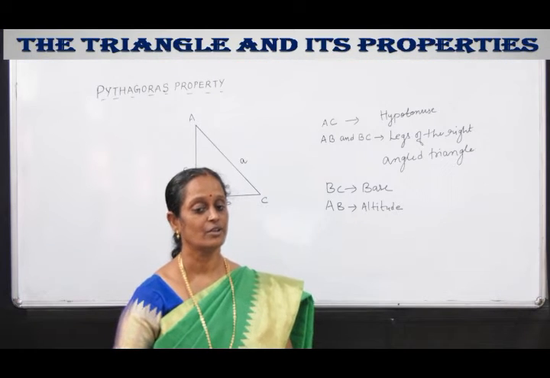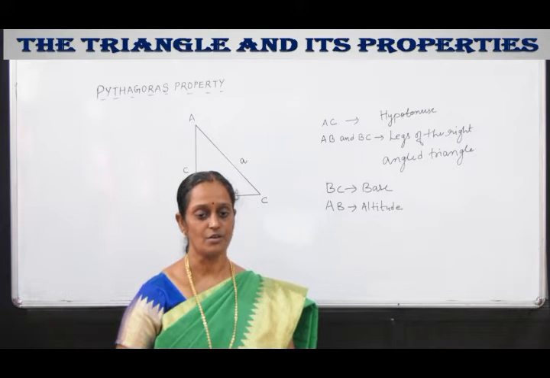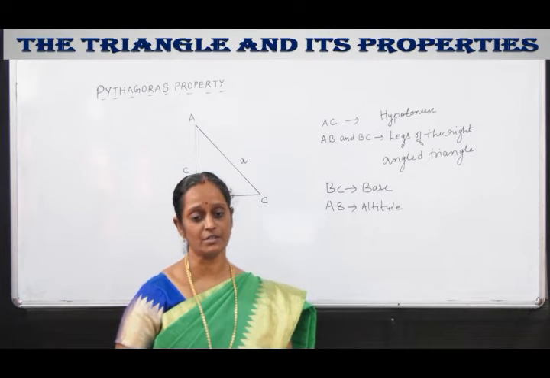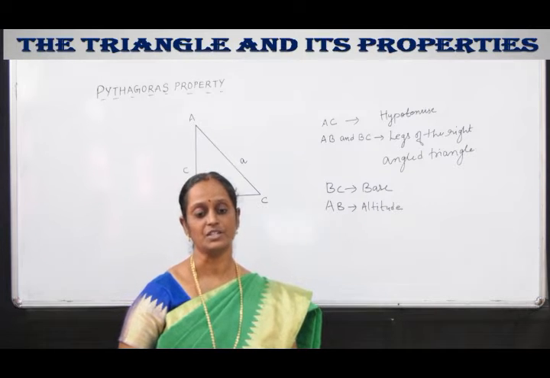Now students, you know that for a right angle triangle the Pythagoras property holds. Students, if the Pythagoras property holds for some triangle, then it must be a right triangle.